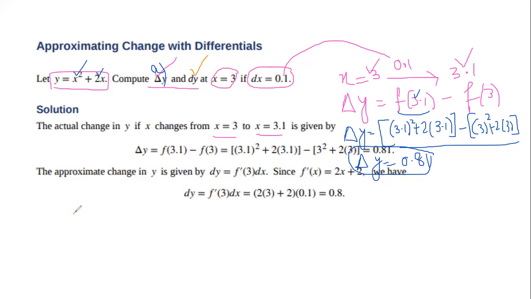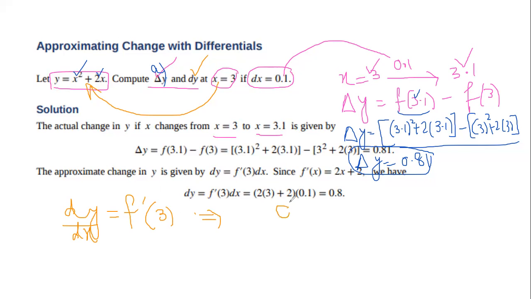For dy, it will be equal to the function derivative at 3, so basically at x equals 3. Just putting in this value, my actual or previous value, into dy upon dx equals the function derivative at 3.